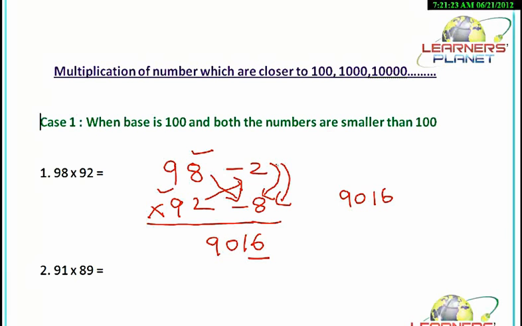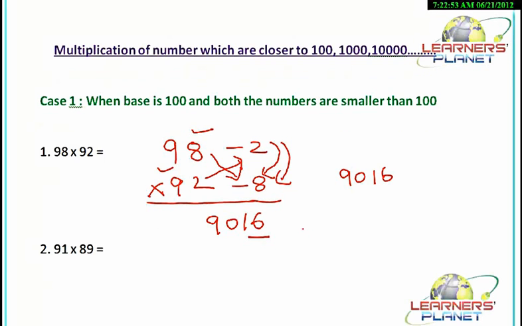Okay, let's take another example. Now let's take the example of 91 into 89. Just write the numbers over here, 91 and 89. It's minus 9 from 100, and it is minus 11 from 100.